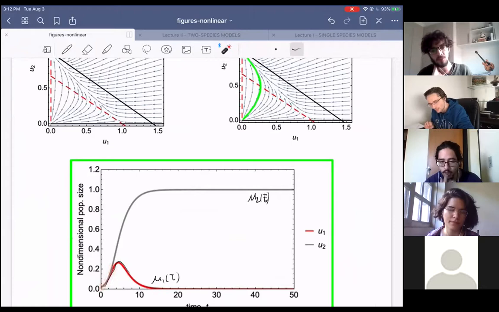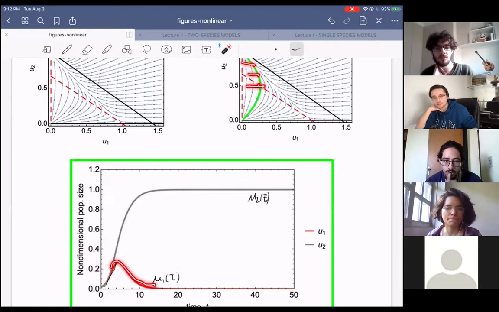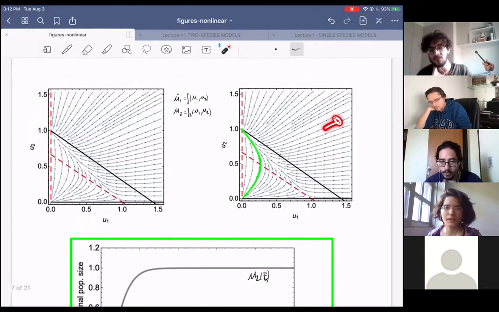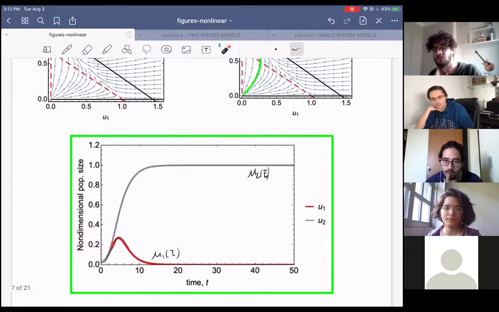It means that in my phase space, I take this direction of movement. Eventually, U2 keeps growing, but U1 starts declining. If I start, for instance, here in the phase space, I will have this trajectory. And this will have another representation in terms of the actual population dynamics that you see in the experiments.